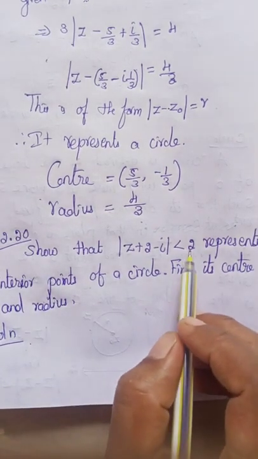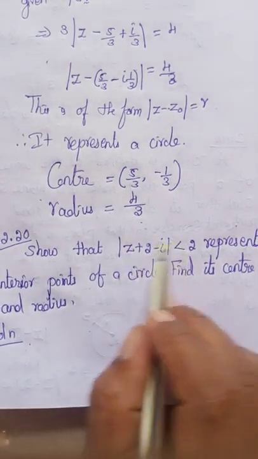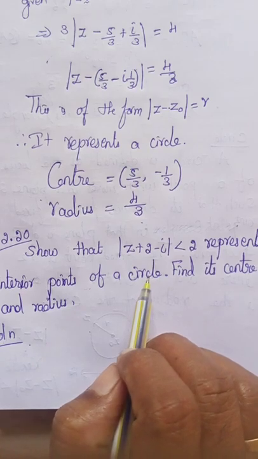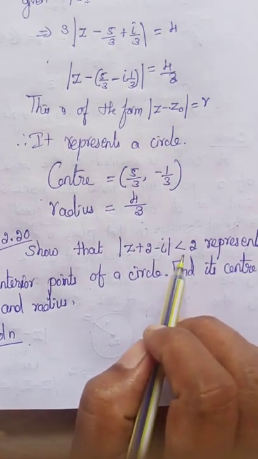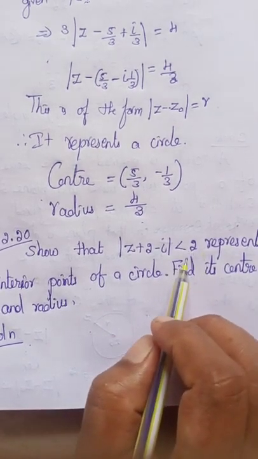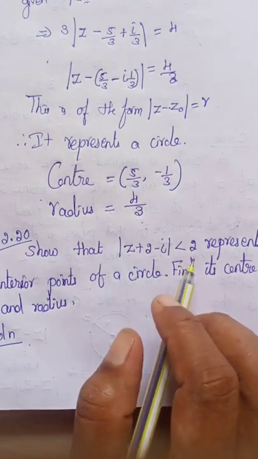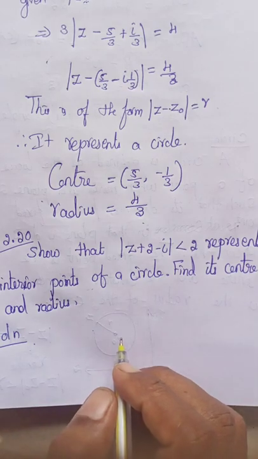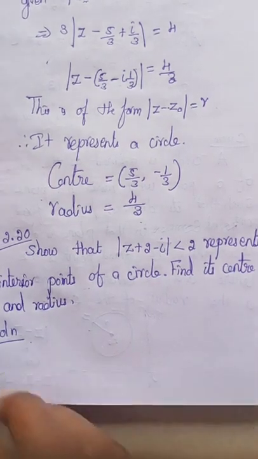If the radius is 2, then we can say all the points are interior points of a circle. If it is less than that 2, then we cannot say that answer. So first we will find out whether it is a circle and what the radius is.